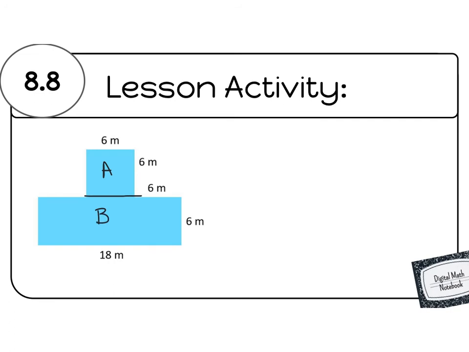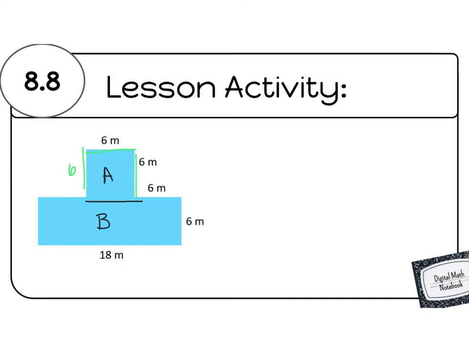Now let's solve for perimeter first. Perimeter is the distance around a shape, so we're going to walk around the outside and find our measurements. It's going to be 6 plus 6 plus 6. And I know this side is going to be 6 as well because it's a square up here on top, so this is another 6.